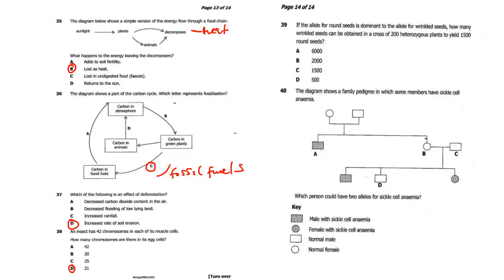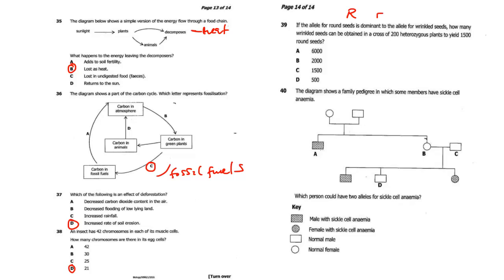Okay, now coming to the other question. If the allele for round seed is dominant to the allele for wrinkled, we can put capital R for round seed and small letter r for wrinkled seed.